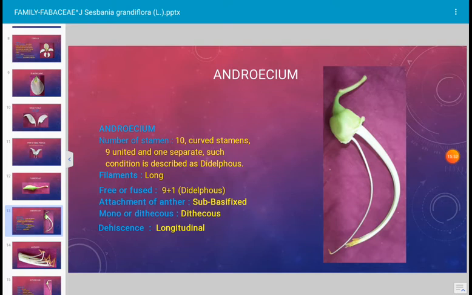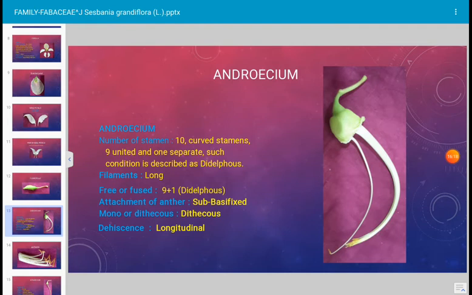And the attachment of the anther. See carefully. In several books it is written that it is a basifixed attachment of the anther, but what I observed is a sub-basifixed attachment of the anther to the filament. See in the photograph. The anther lobe is dithecous, two-celled.